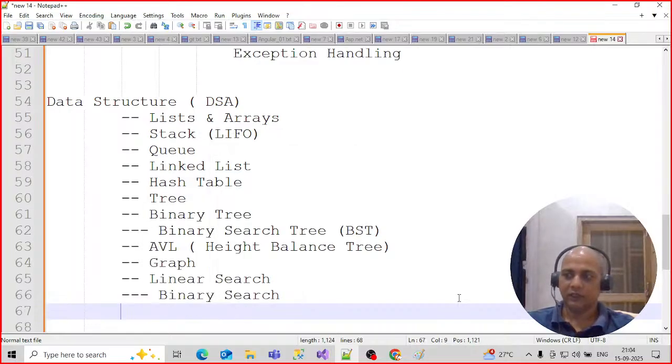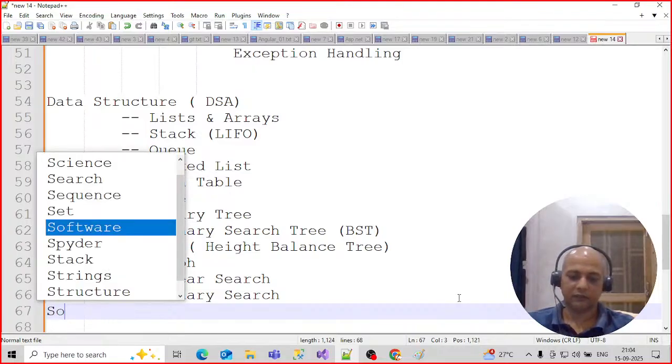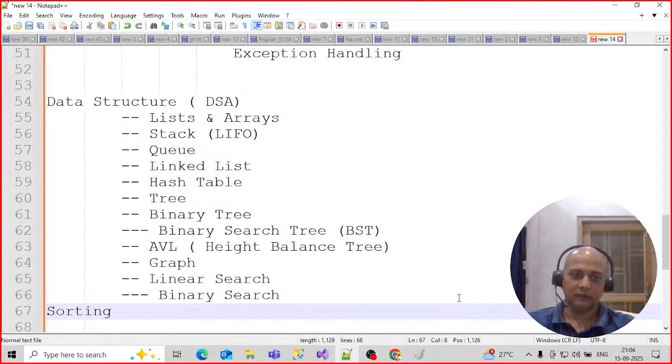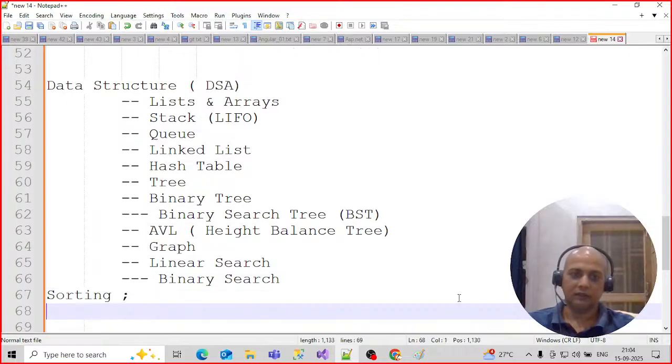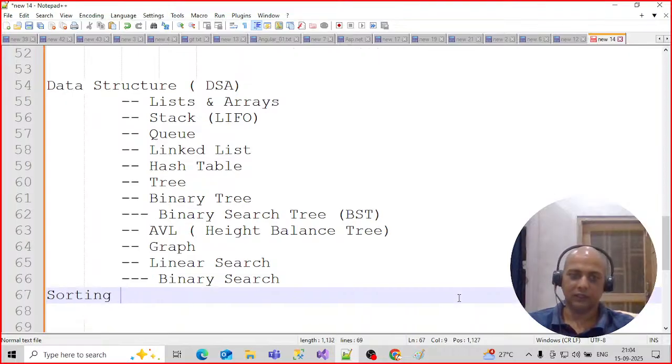Then again we have a topic like sorting techniques, how the data will be sorted.